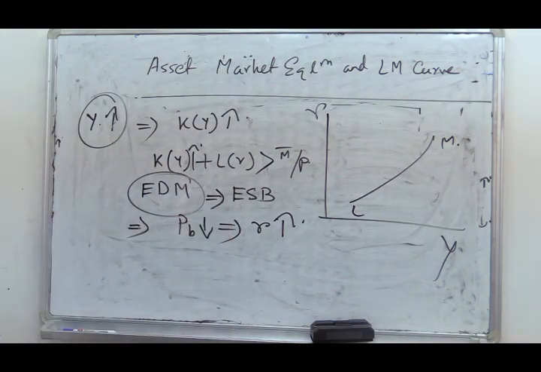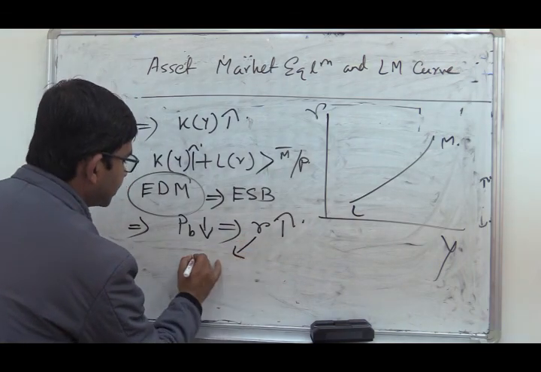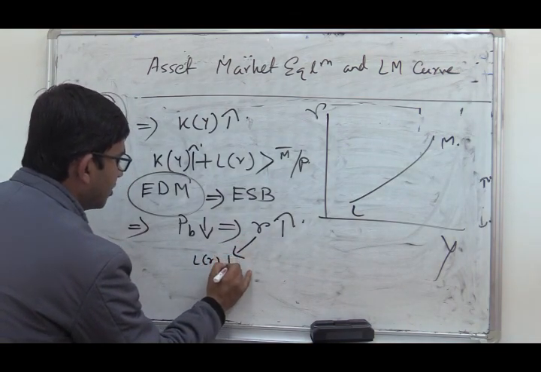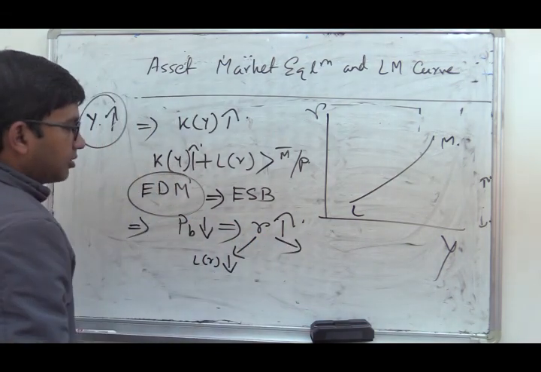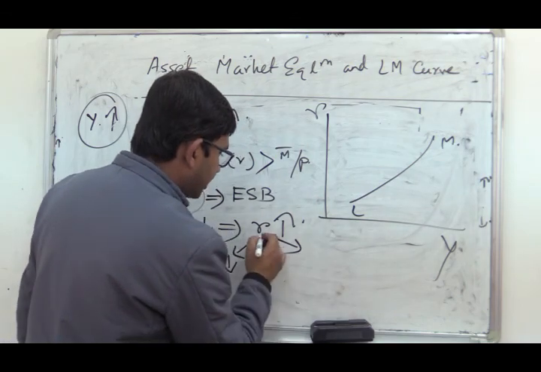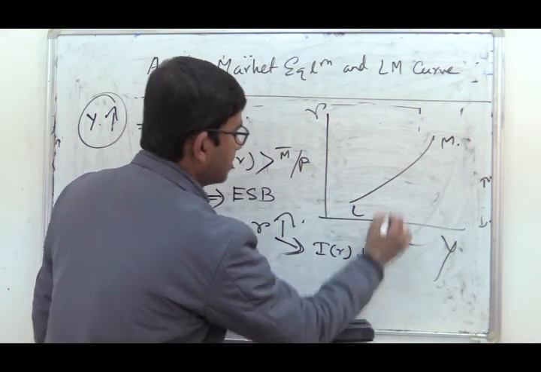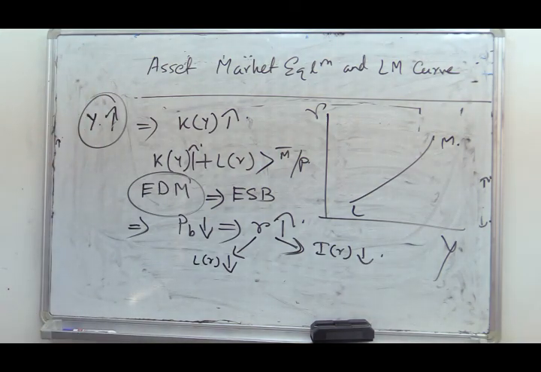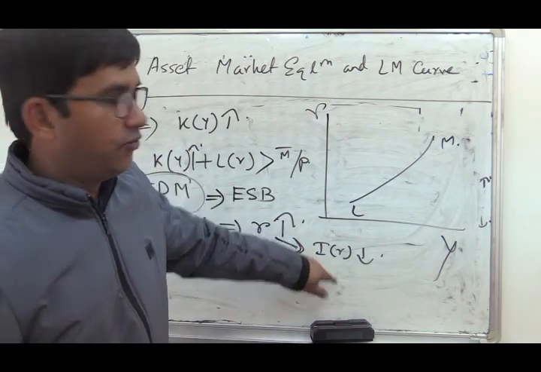And this rise in the rate of interest has two impacts. First impact is that speculative demand for money will start to fall. On the other hand, in the commodity market, private investment will also start to fall.